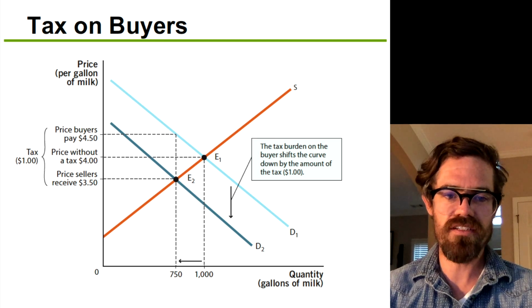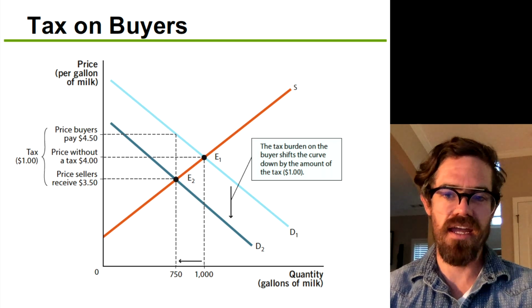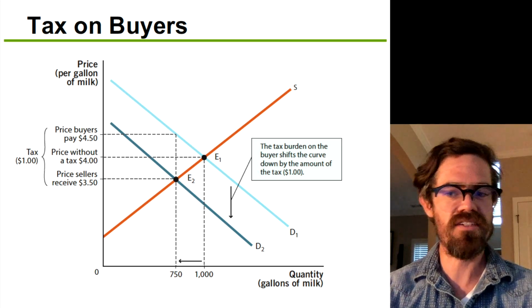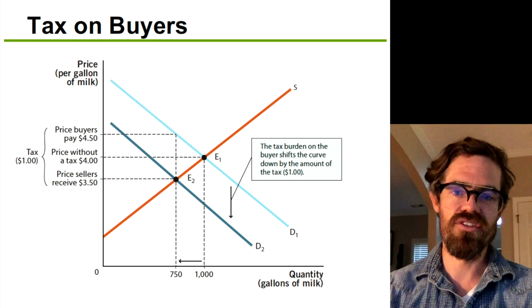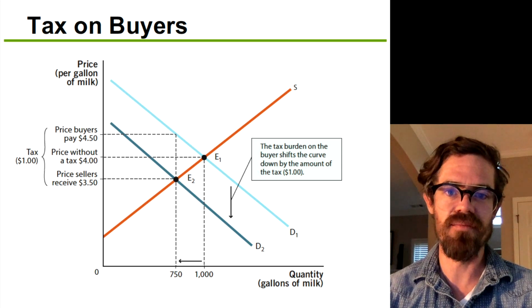The price without the tax was an equilibrium price of $4, which is what the buyer paid, and it is also what the seller received, right? So without the tax, what the buyer pays is exactly what the seller receives. When the government introduces the tax, that changes. What the buyer pays is going to be different from what the seller receives.